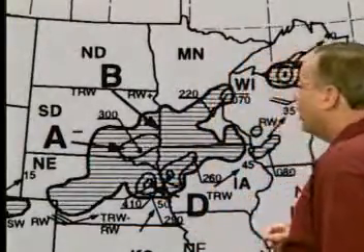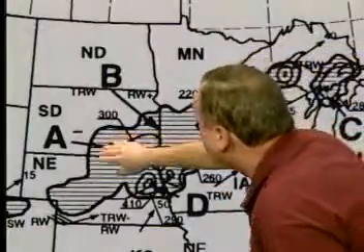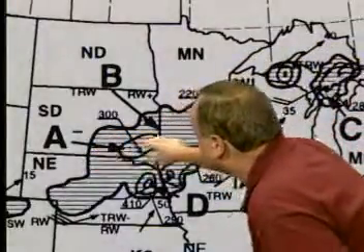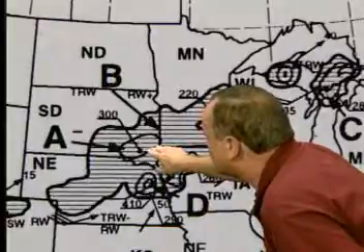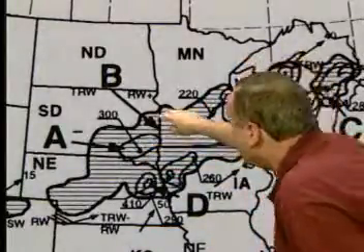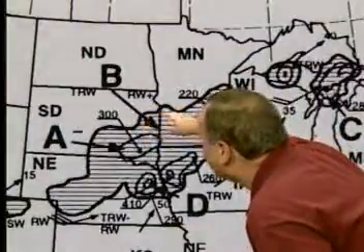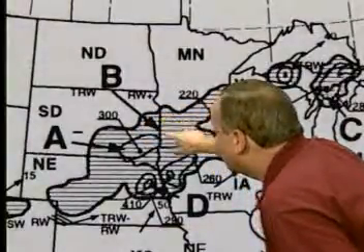Okay, let's take a look at arrow A. You'll see at arrow A you're inside the second contour line, which means you have strong to very strong echoes. On the other hand, at arrow B right here, you're only inside 1 contour line, and that means you have weak to moderate returns.